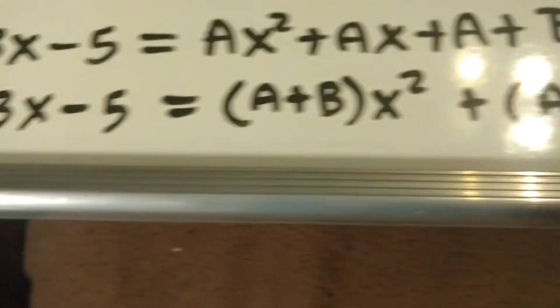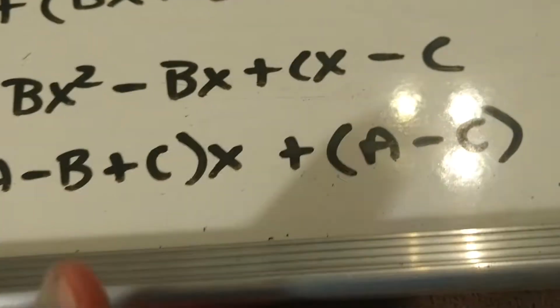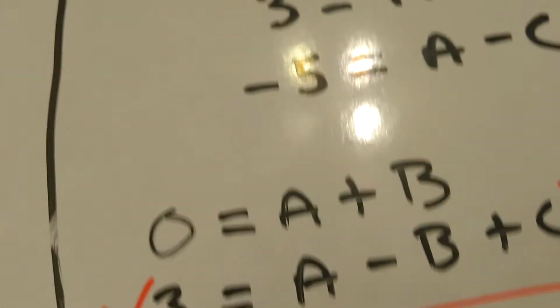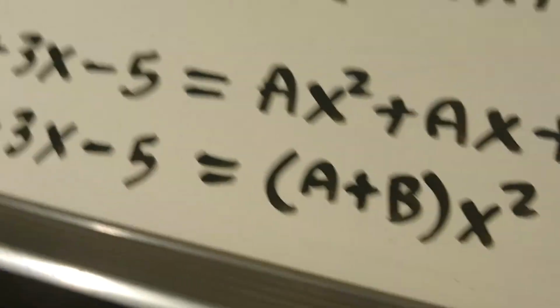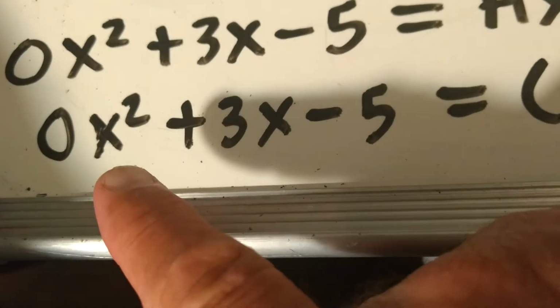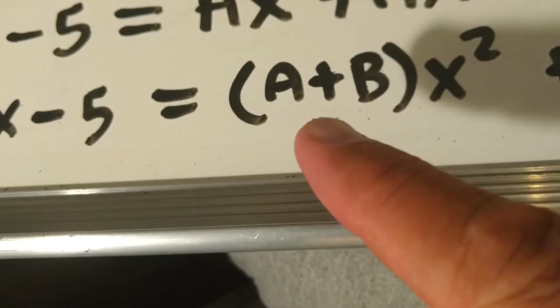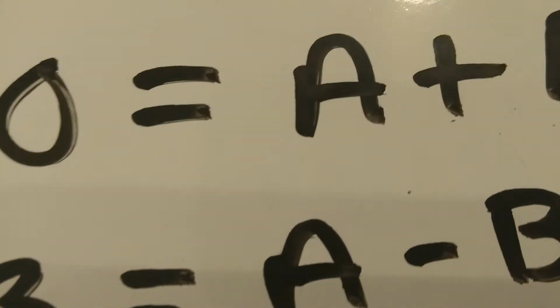And so when you come down here, that's exactly what we got. So that 0 becomes A plus B, because this right here is a 0x squared, and this is an A plus B times x squared. So 0 equals A plus B, which is what I have here.